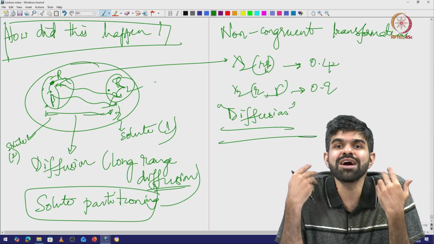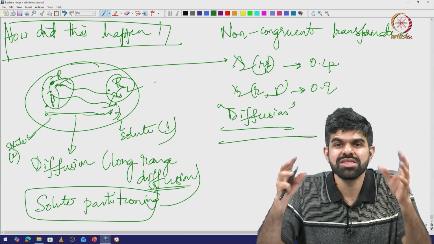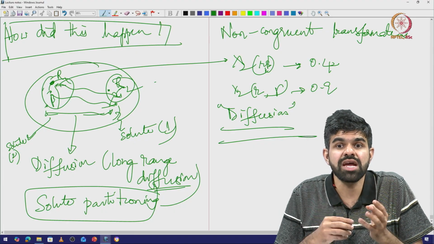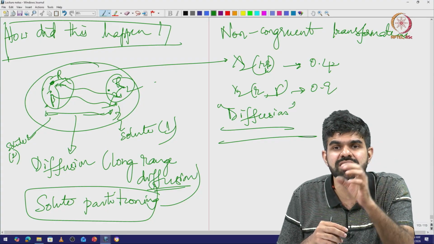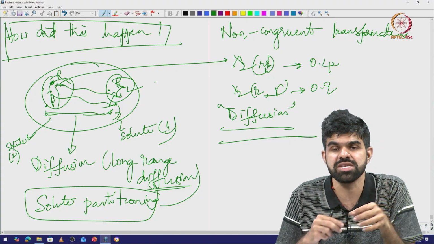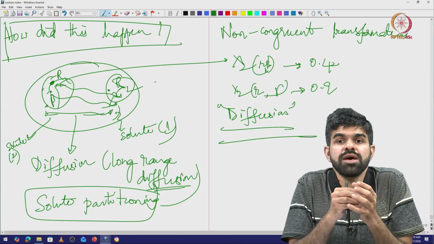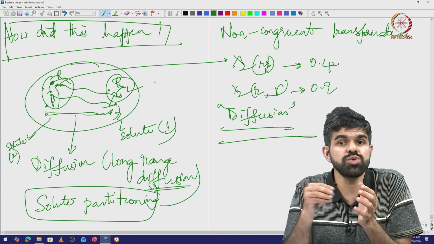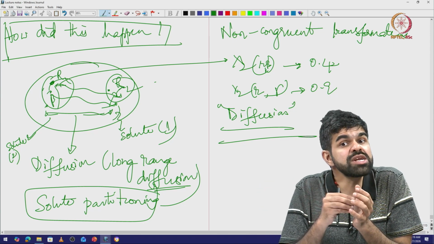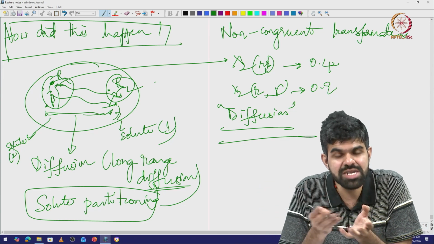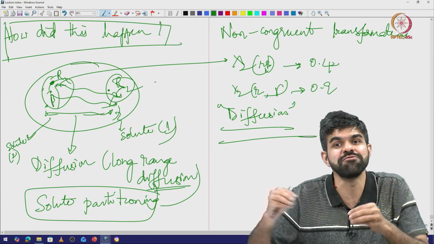Now, how is it happening? How is this entire homogeneous phase trying to find out regions that are beta rich and gamma rich, or that are 2 rich and 1 rich? That is happening because of atoms moving. Now because I am no longer thermodynamically stable, I should go towards some stable phase, and this going towards a stable phase, or say stable set of phases, is happening via diffusion.